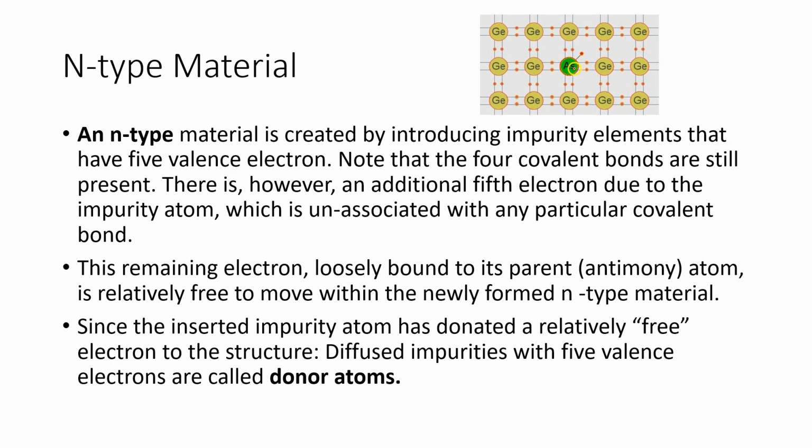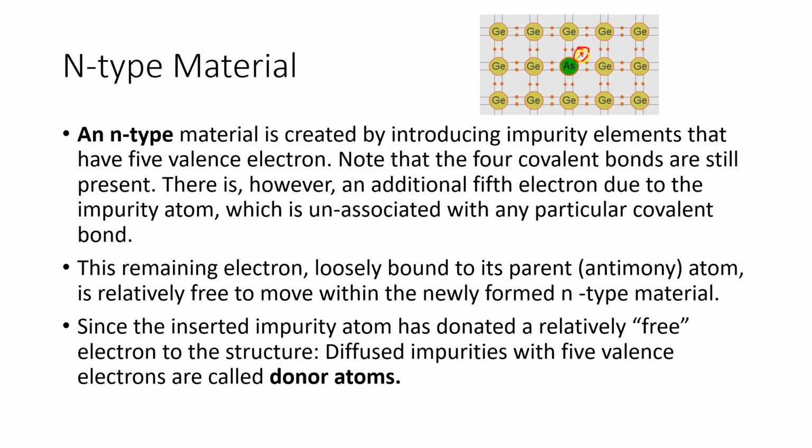So if I were to put in the arsenic right here, what the arsenic would do is bond itself with the other germanium atoms. They're going to share their electrons between the germanium. And in that process of sharing those electrons, there will be a single one that is left behind.